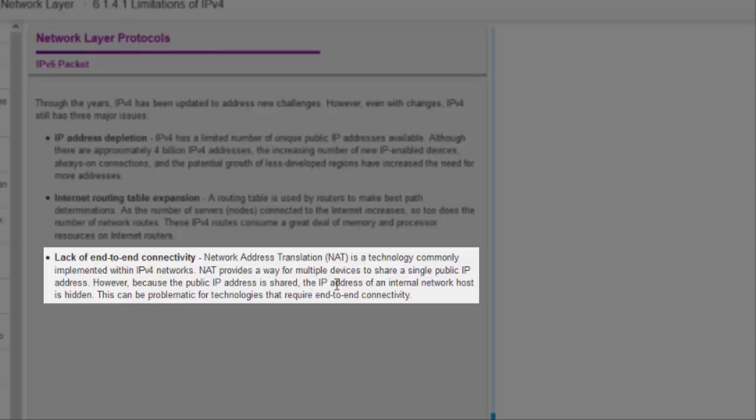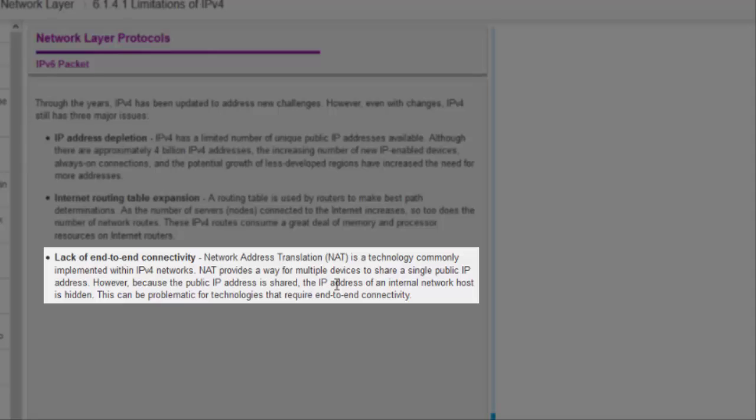There are some techniques like network address translation, which allows different hosts to share the same public IP address on the internet. So, for example, in our houses, we have many hosts that share the same public IP address that we receive from, for example, Ooredoo or any other service provider.